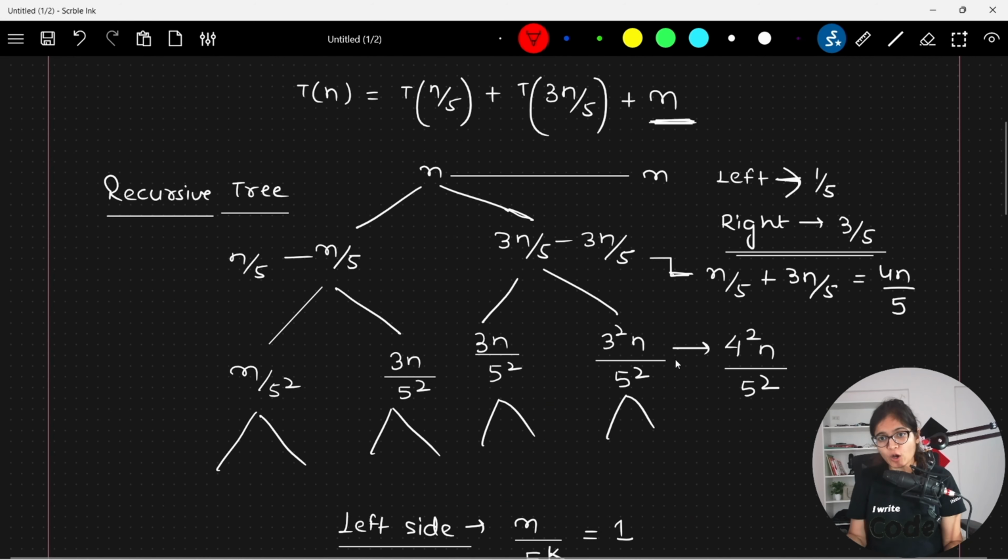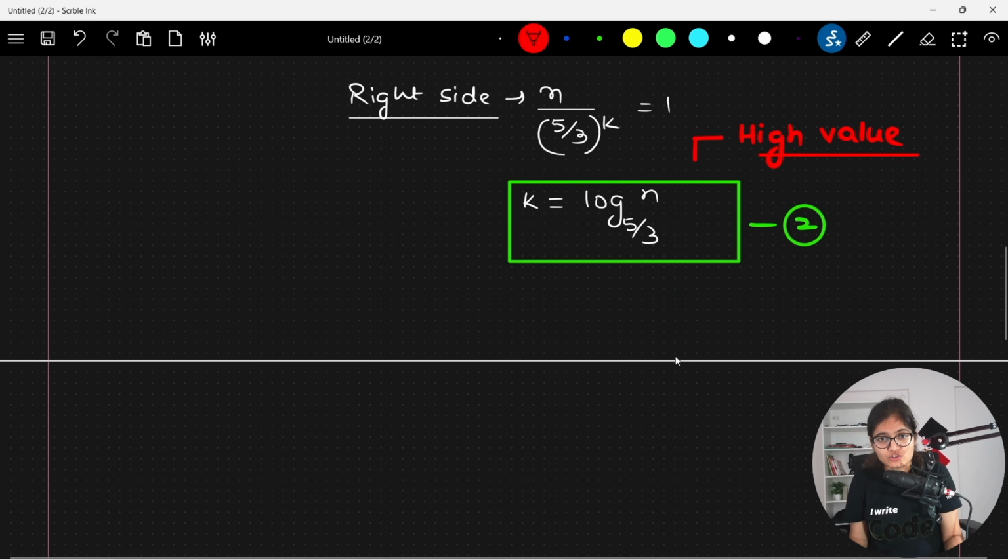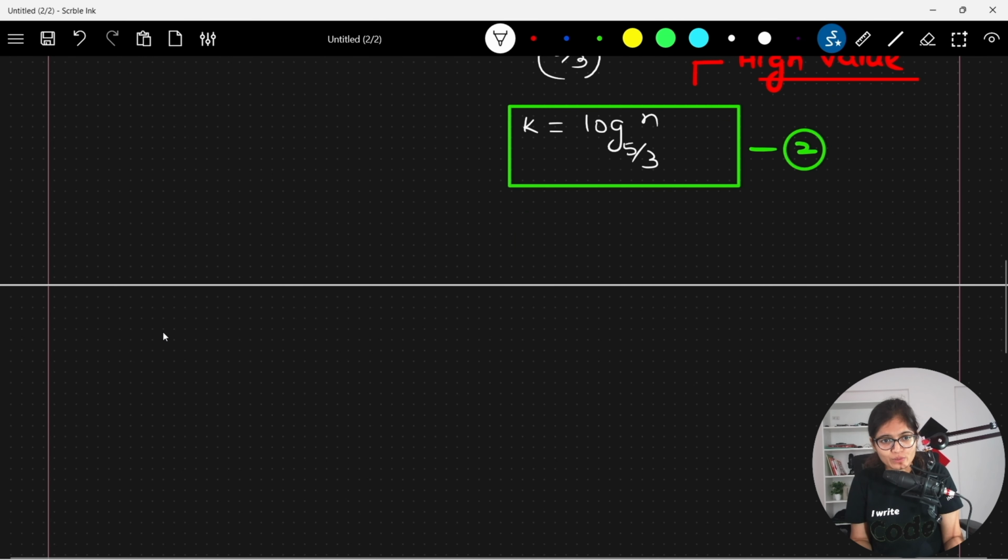But now if you observe, in this particular case at every level the cost is different. So you can't multiply directly by saying order of n into k, just like the way we did in the previous problem. In the previous problem, at every level the cost is the same, if you remember. Here at every level the cost is different. So we need to manually add the cost requirement at every level. So can I say that at the first level it will be 4 by 5 to the power 0, which is 1, into n.